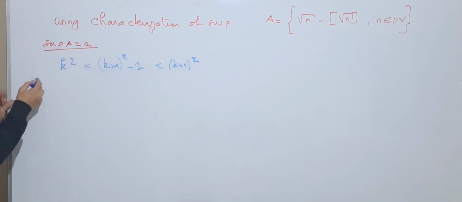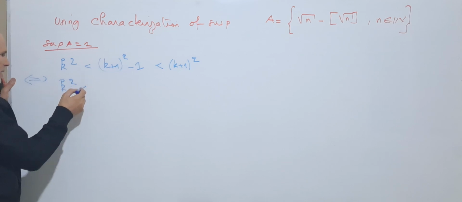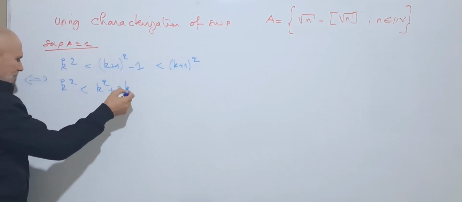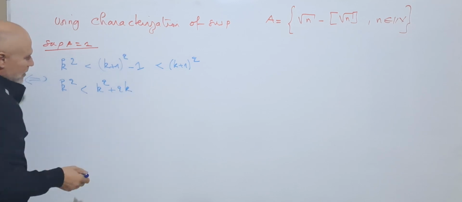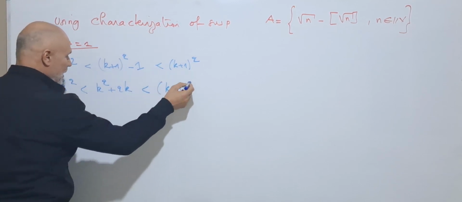This is equivalent to writing k squared less than k squared plus 2k plus 1 minus 1, so this one, which is less than k plus 1 squared.